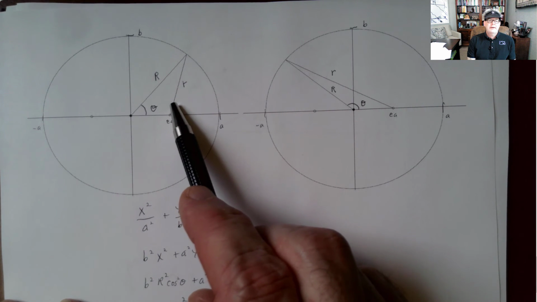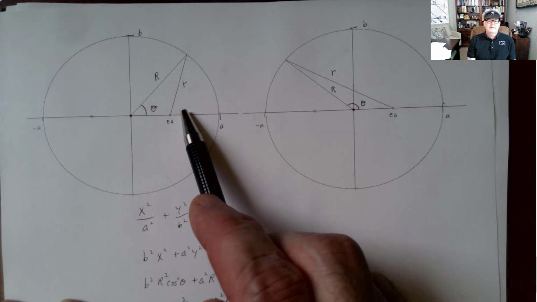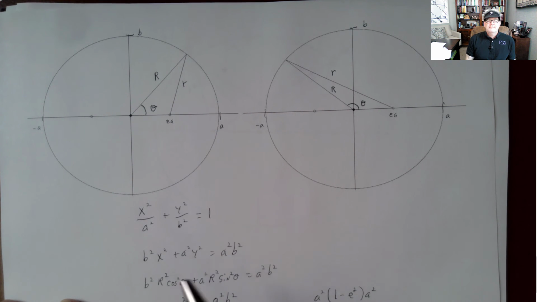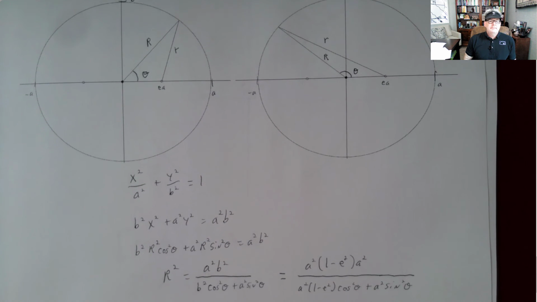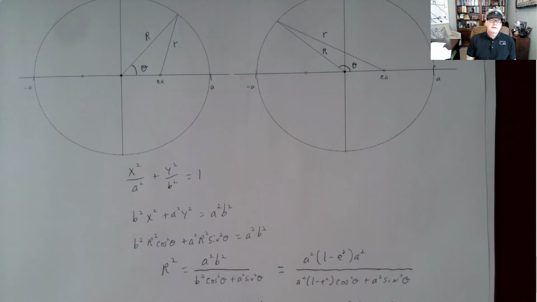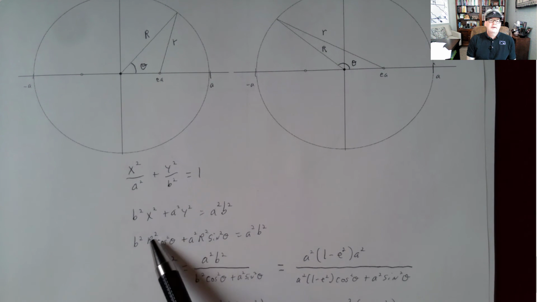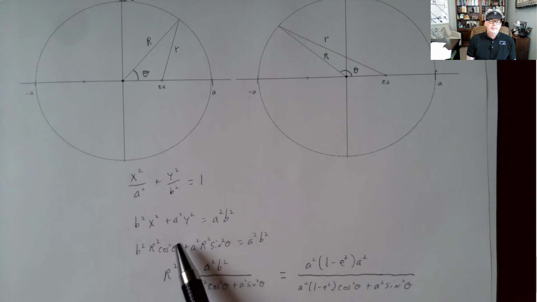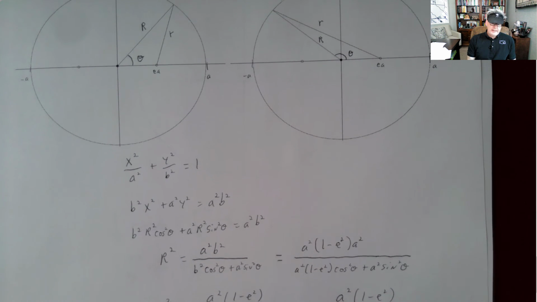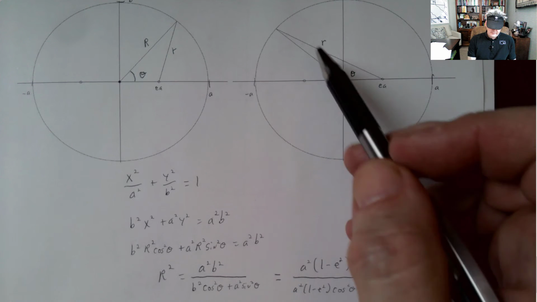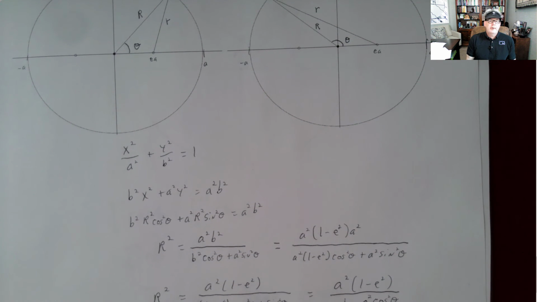Right, so before we did it with respect to little r's angle. So if I do it with respect to that angle, well, I did the work to get it and do it numerically. So again, the equation of the ellipse, and then I want to put it in polar, and I wanted to keep little r being the distance to the focus, so I used big R for the polar.